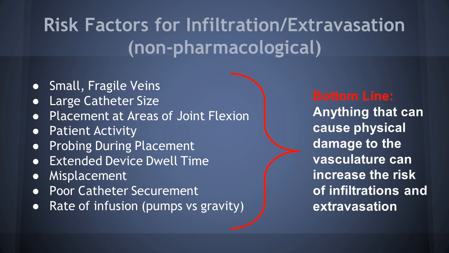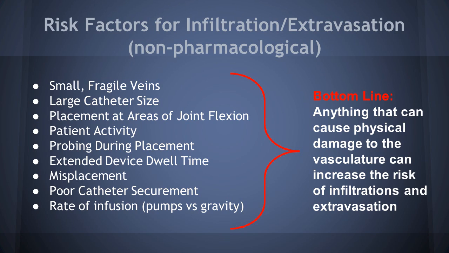Next, I would like to discuss the non-pharmacological risk factors for infiltration and extravasation. Most of these risk factors have to do with veins and mechanical injury. So small fragile veins, large catheter size, especially in relation to vein size, placements at areas of joint flexion, patient activity, probing during placement, extended device dwell time, misplacement, poor catheter securement, and rate of infusion.